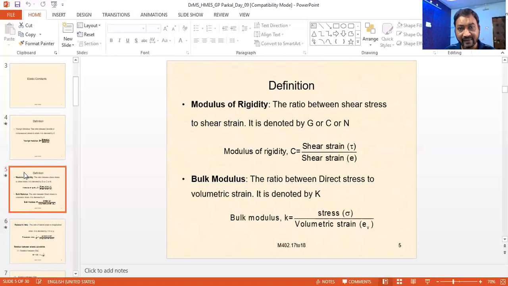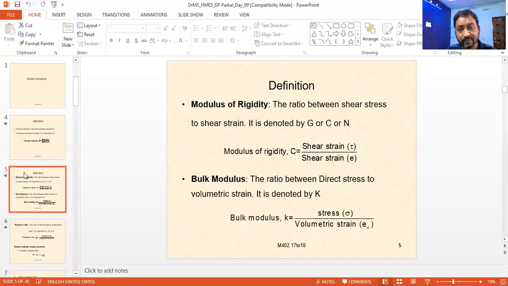So the length, width, and thickness of a rectangular body will change due to the application of the force. Initially it has the volume L, B and T, and finally L will change, width B will change, and thickness T will change. So finally we get another volume, which may be lesser or more than the initial value.